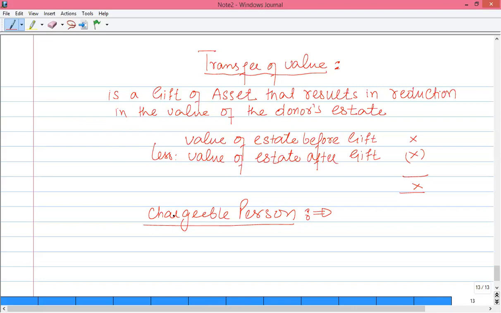For TX purpose, all individuals are potentially liable for IHT.